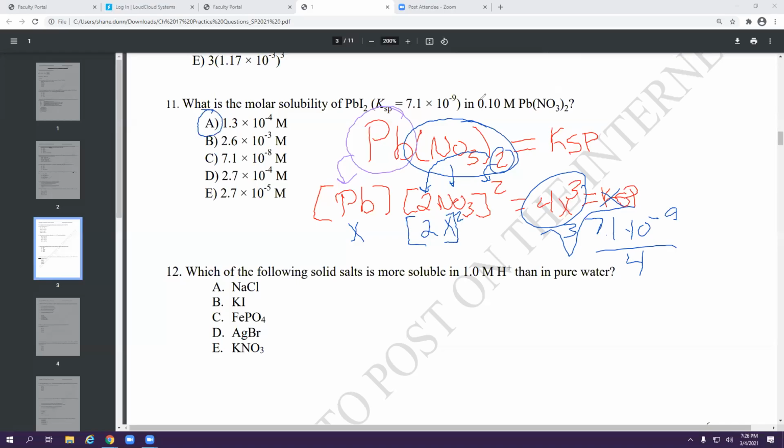This is one I didn't do because I didn't have time to do it. So we'll say it's A. I don't know if I'm 100% sure. I could check it out real quick. Give me 1 second.